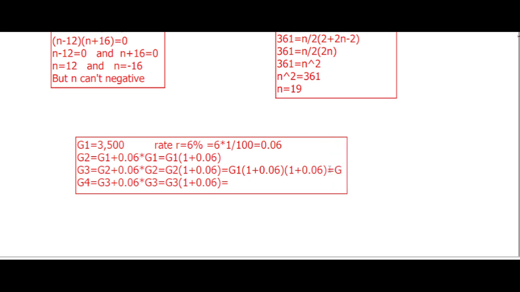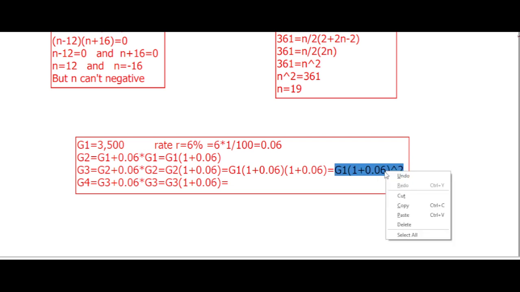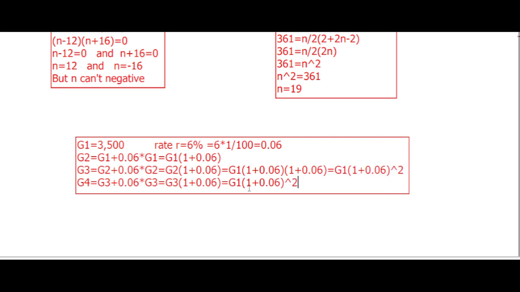This is equal to G1 times 1 plus 0.06 squared, times 1 plus 0.06, which is equal to G1 times 1 plus 0.06 to the power 3. Power 2 plus 1 gives power 3 for G4.